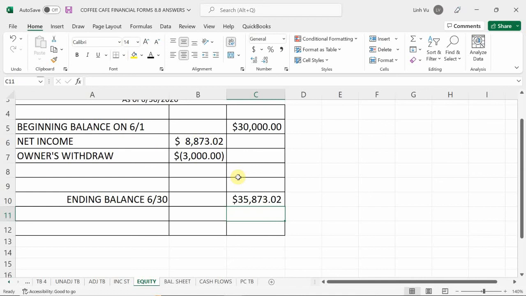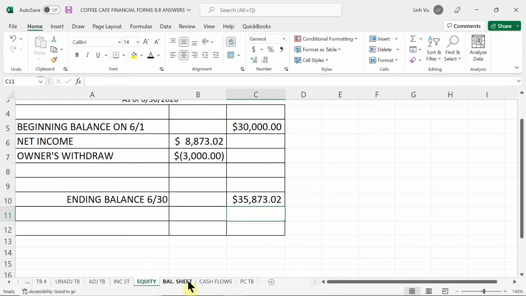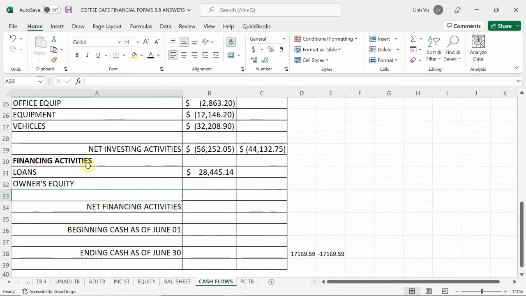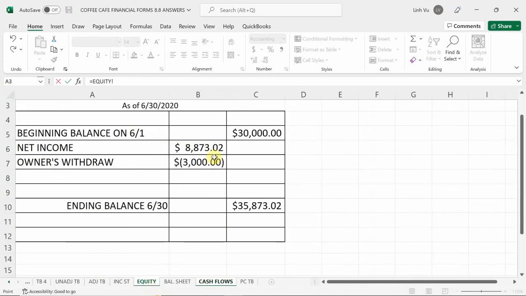But I also had an owner's withdrawal, which decreased my amount. Now, what did I originally invest into my company? $30,000. That is something I need to put into my statement of cash flows because when I started my business, I started out with $30,000.